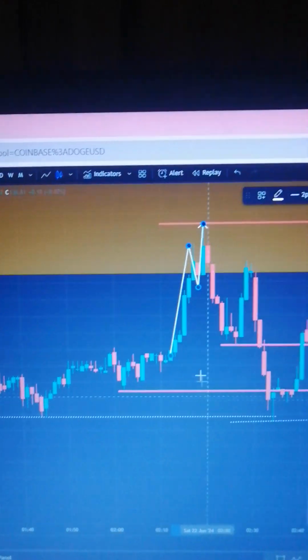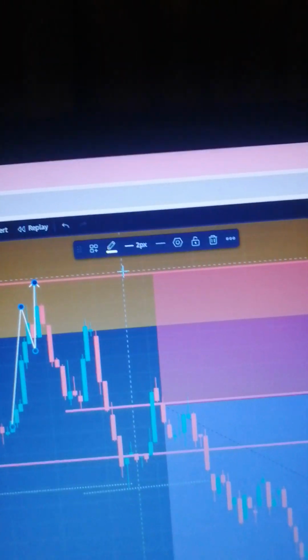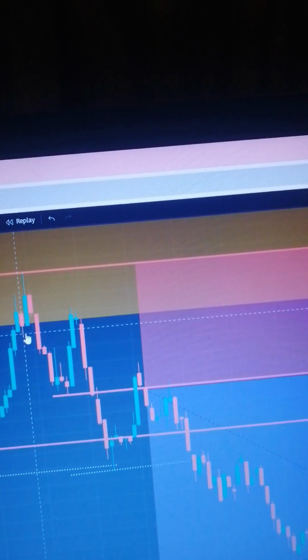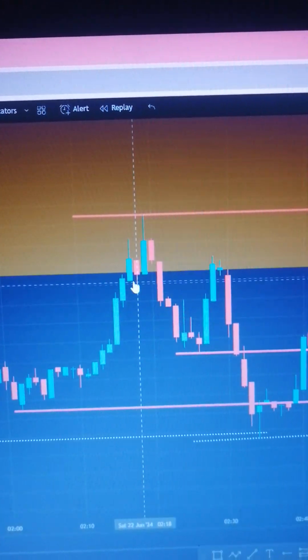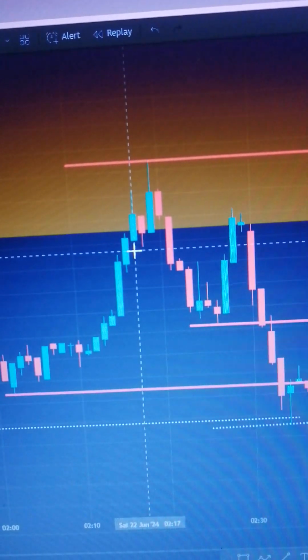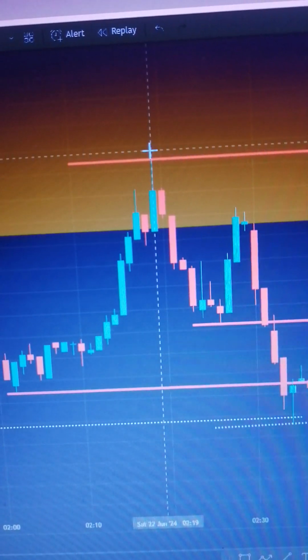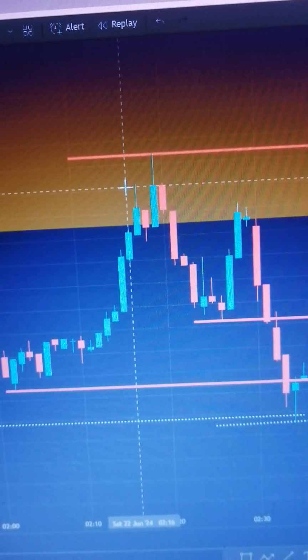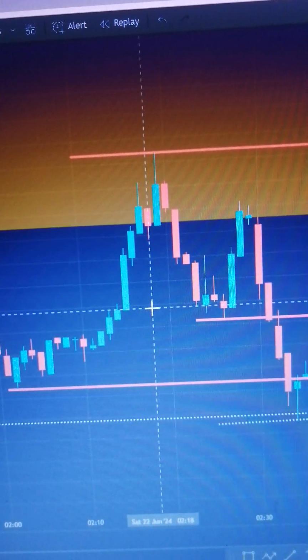It depends. You see this one here, because there is a small higher low. Since this candle has taken the low of the previous candle, that is considered automatically as a low. This red candle has taken liquidity below the previous green candle, and the second one goes above that candle.